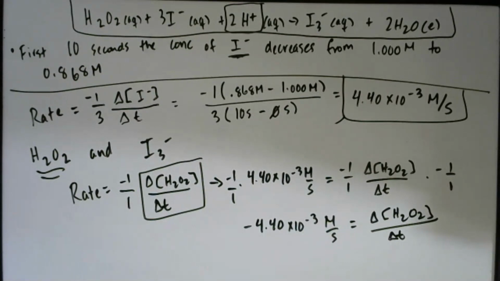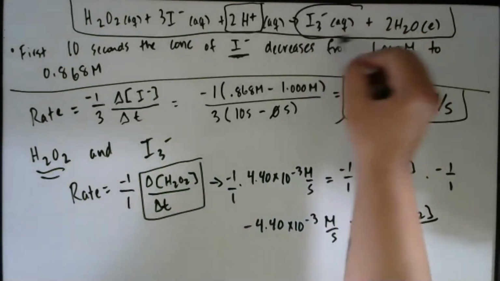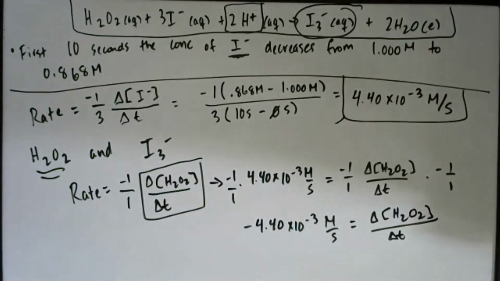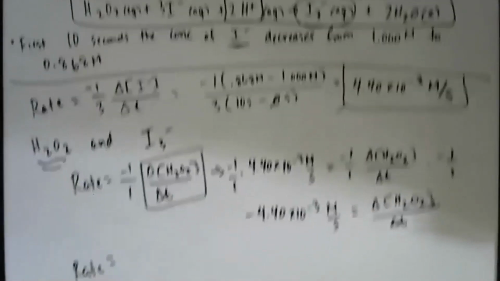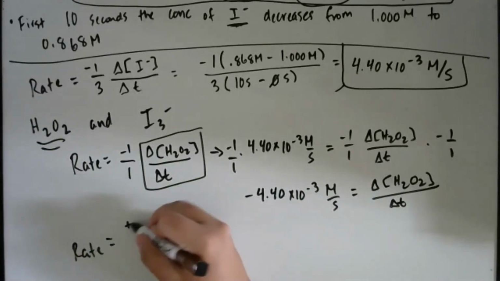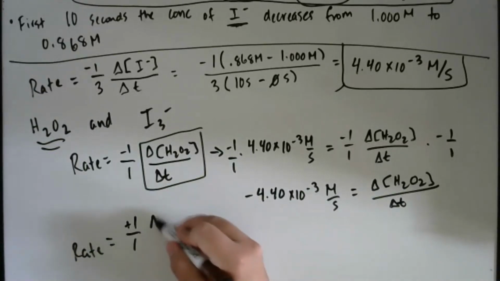The last example is the I3 minus, and over here we have a product, but a product with a coefficient of 1 out front. So the only thing that's going to be different here is that we have positive 1 over 1.